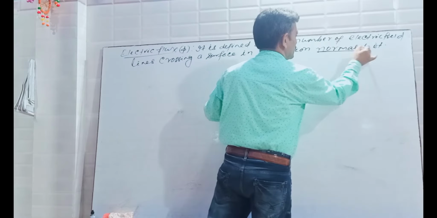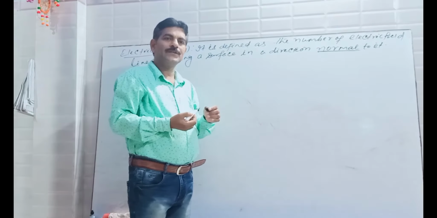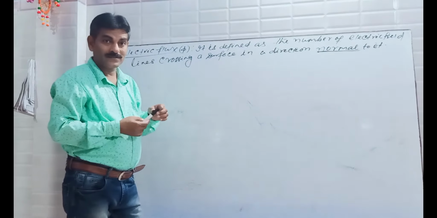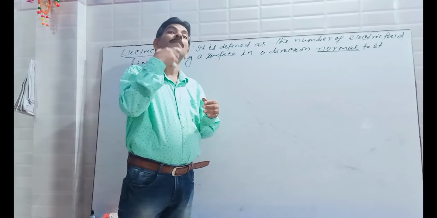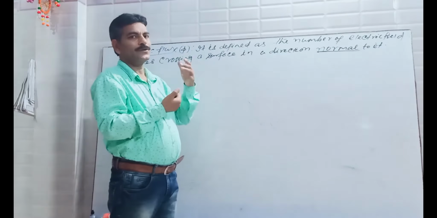One condition is given here. Which field lines will be taken into consideration for defining electric flux? Those electric field lines crossing the surface in a direction normal to it, 90 degrees to it. These are to be taken into consideration.